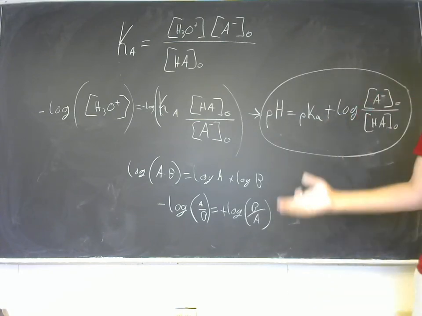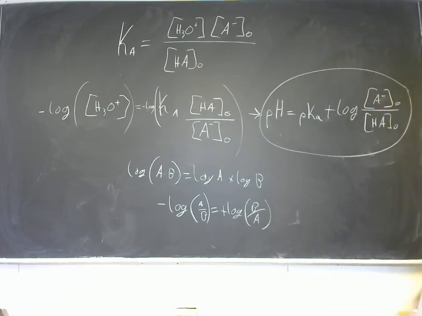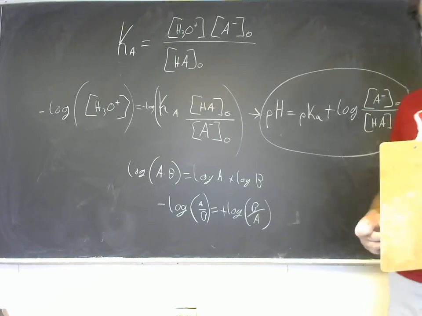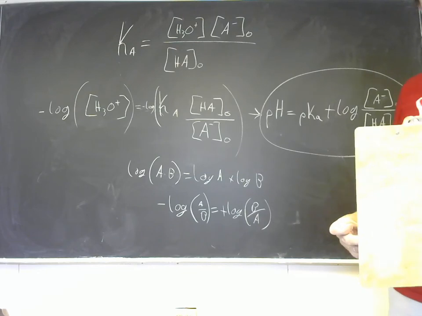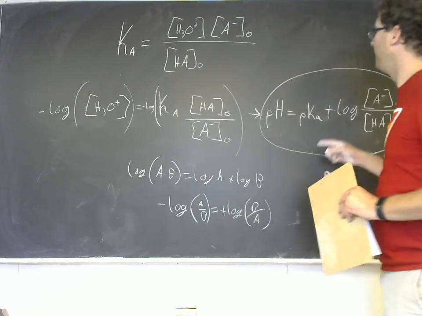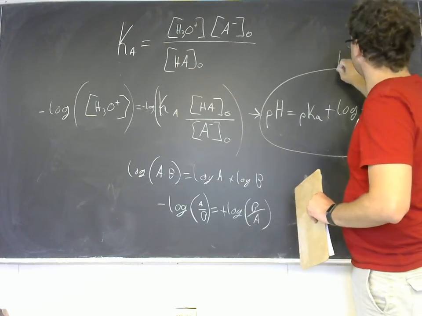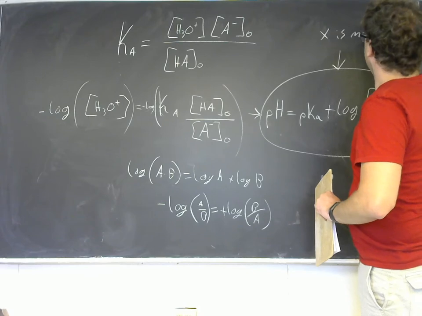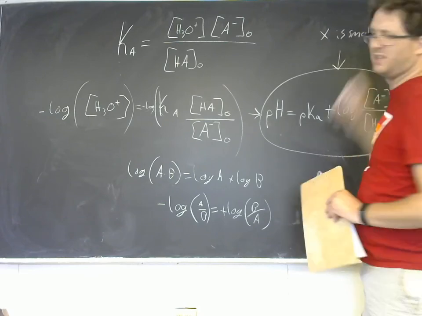If you didn't follow every step of that derivation, that's fine. I just want to point out that like so much of our treatment with ICE tables, this equation depends on the assumption that x is small in the ICE table.